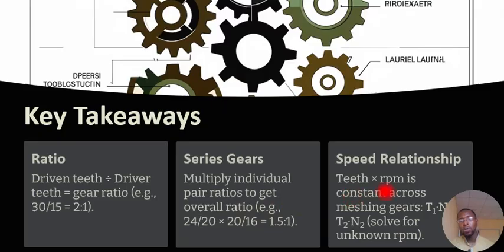And lastly, we talked about the speed of gear. The gear speed is inversely proportional to the number of teeth. And the formula here is T1 multiplied by N1 equals T2 multiplied by N2, as we have solved in our previous slide.